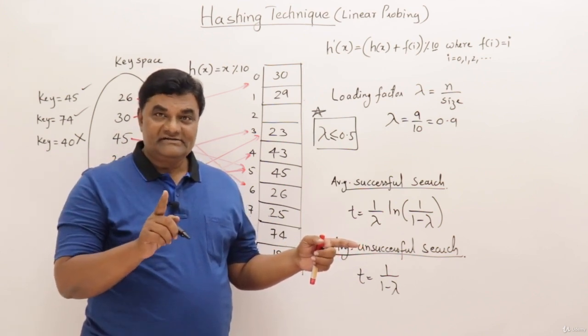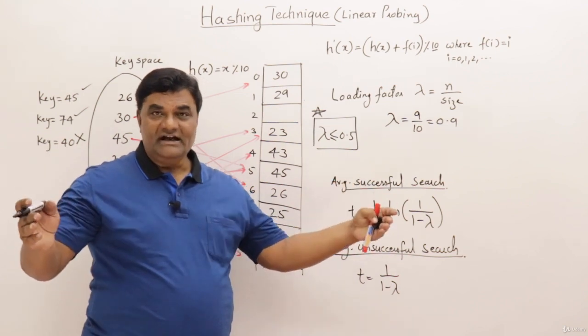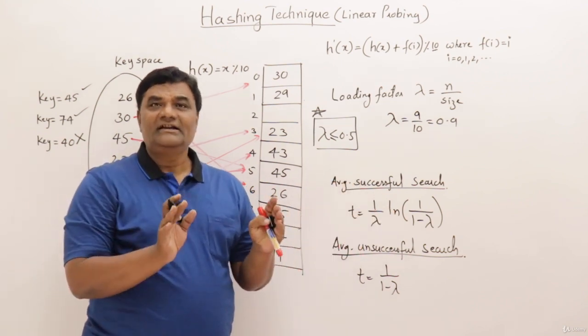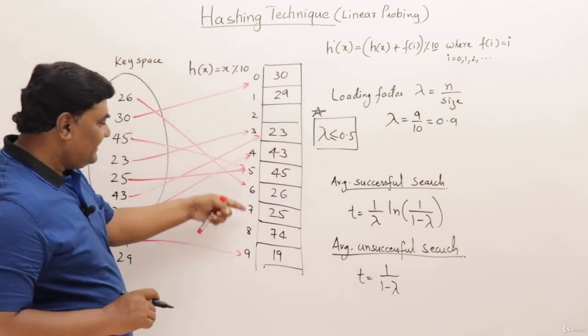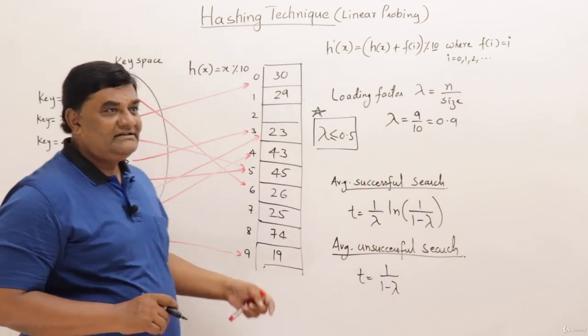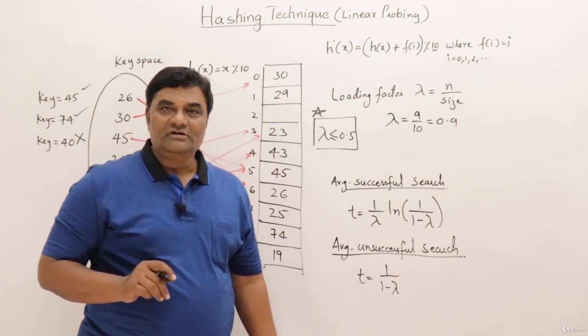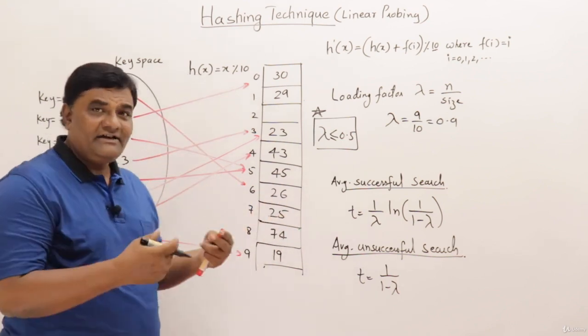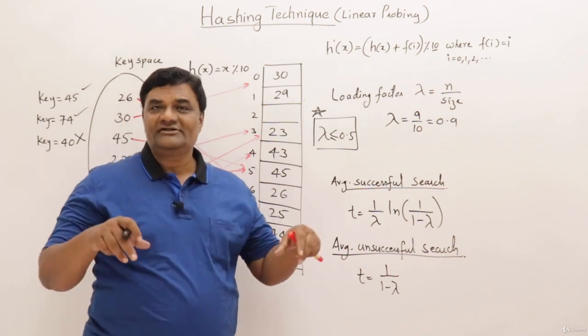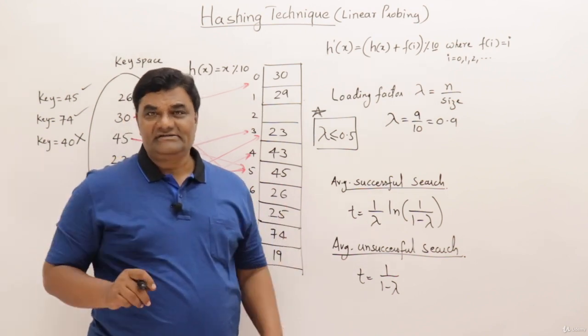Whatever the size of the hash table, at most it can be half filled. You see in my example, I have size 10 but I have inserted 9 keys. That is wrong. For explanation purpose, I have taken a small size and shown more keys so I can show you various possibilities.